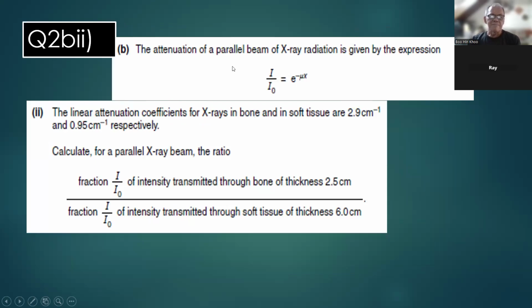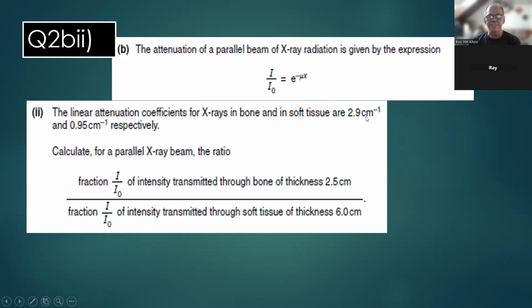This is the formula that is given. The linear attenuation coefficient of X-ray in bone and soft tissue. That's for bone. That's your soft tissue. Calculate, for a parallel X-ray beam, the ratio of the fraction of intensity transmitted through bone of thickness 2.5 cm to the fraction of intensity transmitted through soft tissue of 6.0 cm.